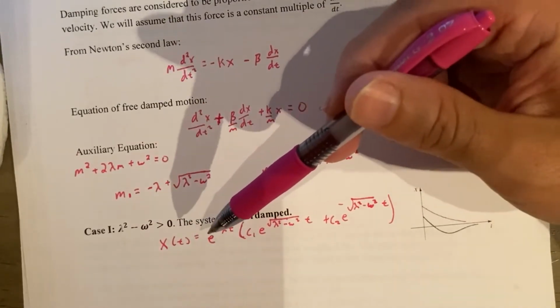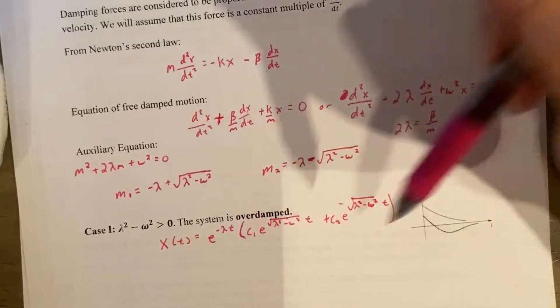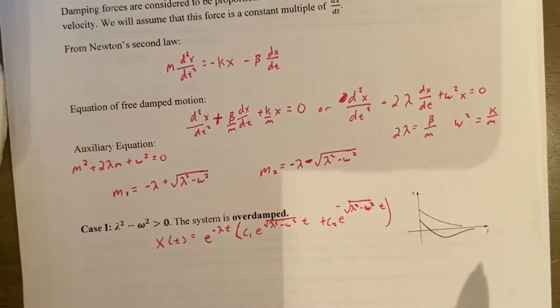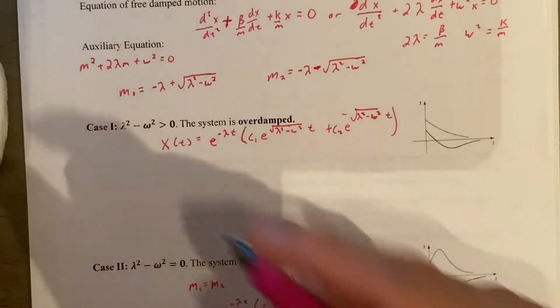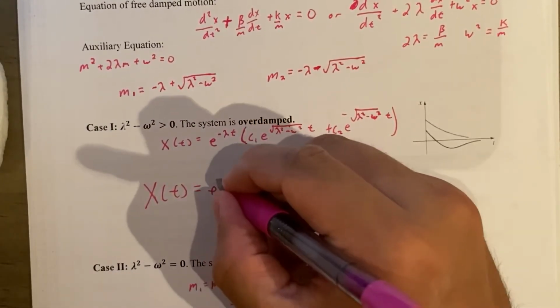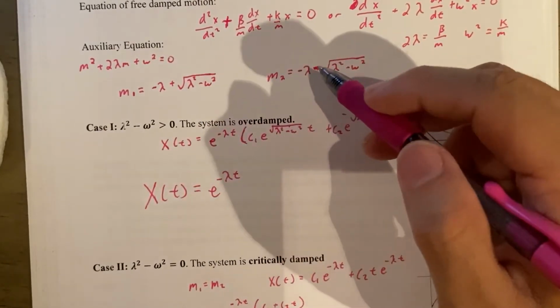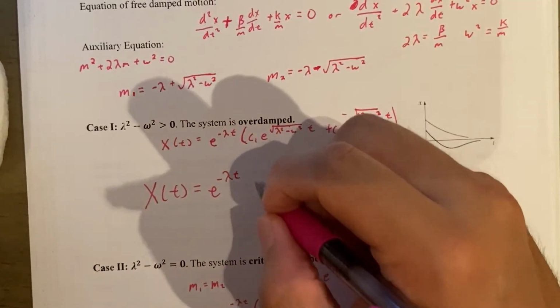x of t is equal to e to the negative lambda t. I'm going to rewrite this just so that it's easier to see on the notes. So it's going to be x of t is equal to e to the negative lambda t. We're just going to pull that out because that negative lambda is happening in both cases.